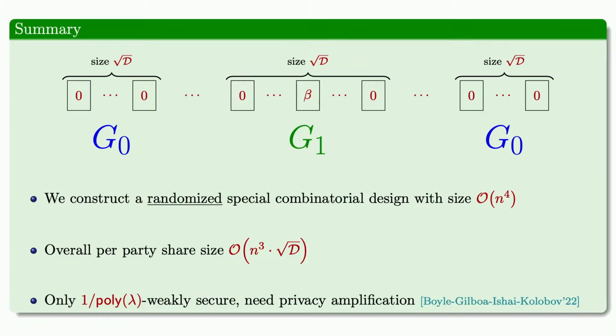Notice that this is the total number of seeds, so per party, the share size is n cubed times root d. One thing I have not mentioned is that this is only weakly secure, because the distributions are only inverse polynomially apart. Thanks to this work by Boyle et al., there's a generic way of amplifying weak DPF to strong DPF, so that takes care of that issue.